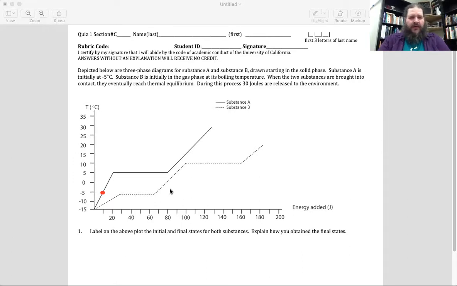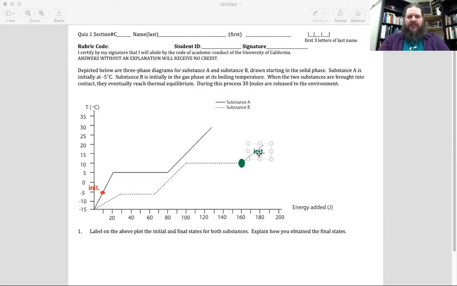And substance B starts off at gas phase and boiling temperature. So that will be substance B, gas phase, but at the boiling point. So we can mark those initial situations on the graph.